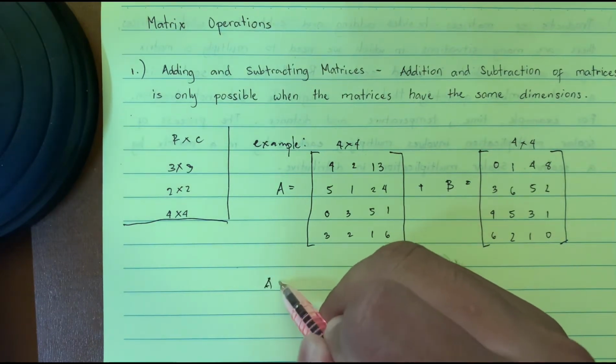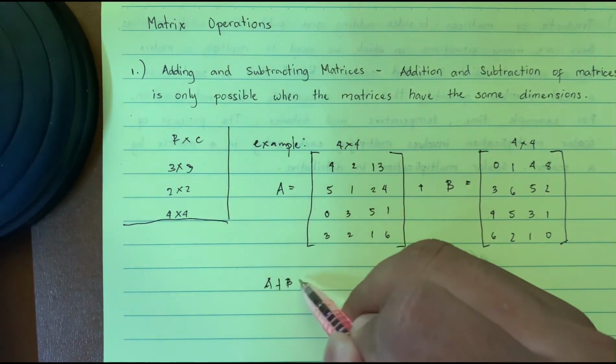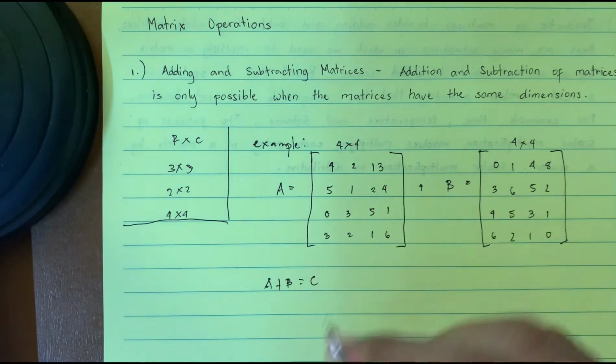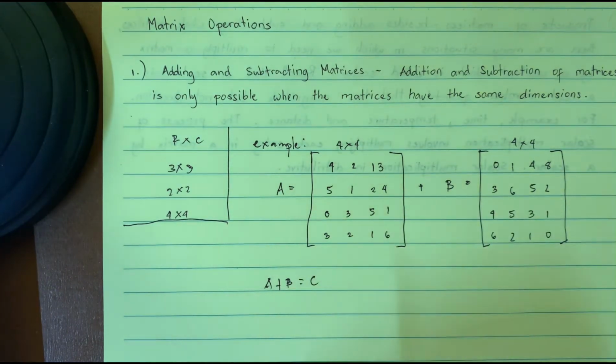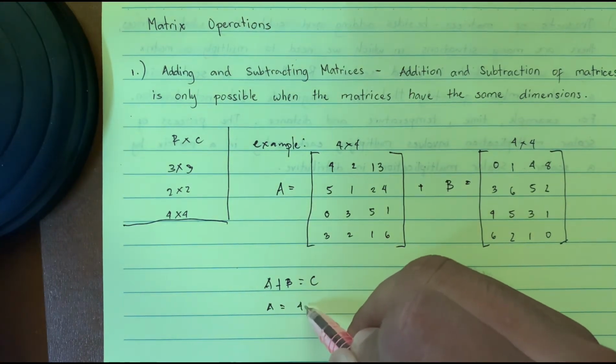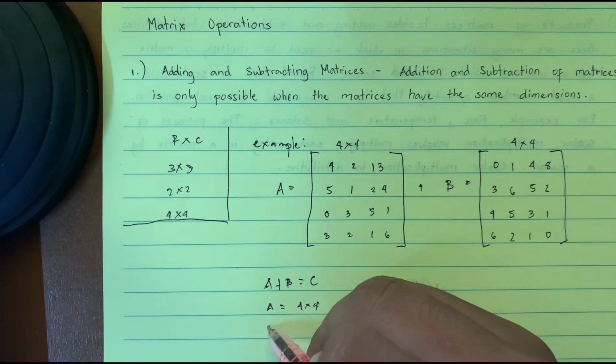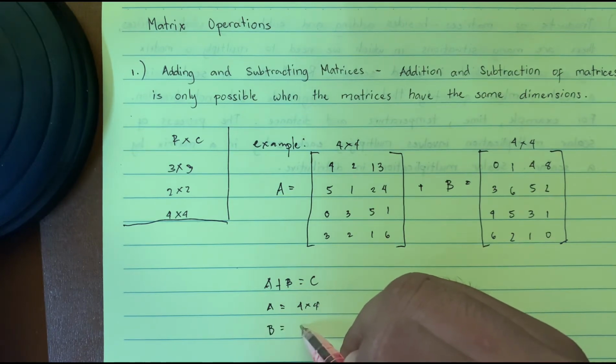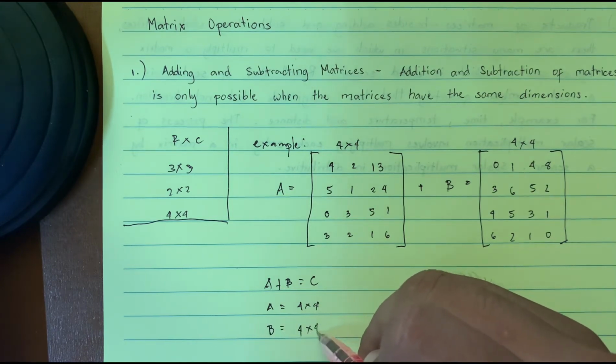A plus B is equal to C. Matrix A is equal to 4 by 4. Matrix B is equal to 4 by 4 also.